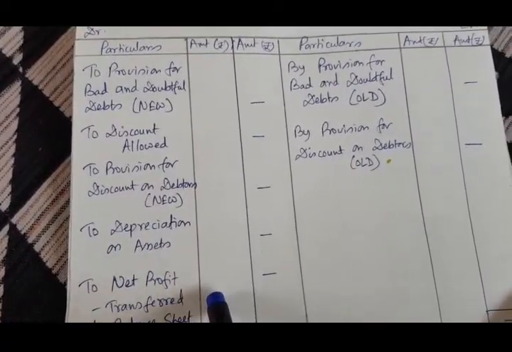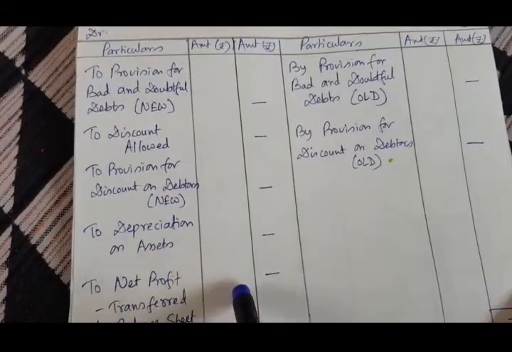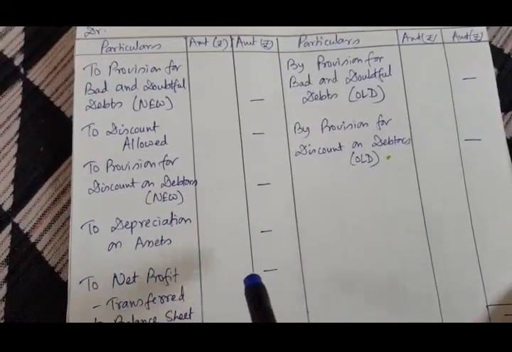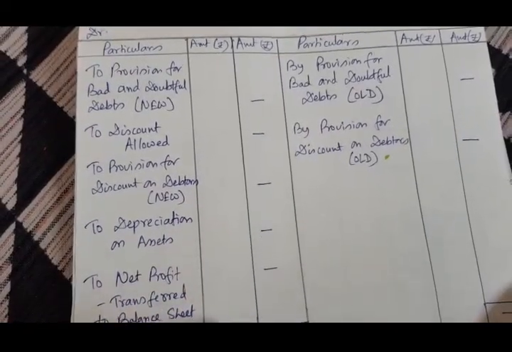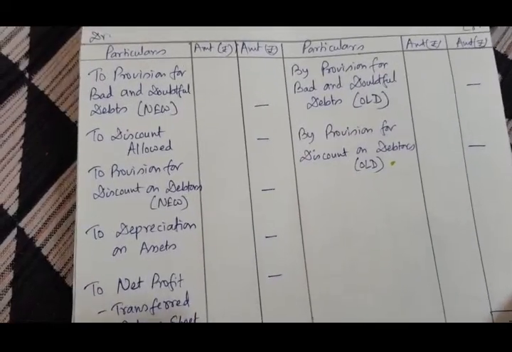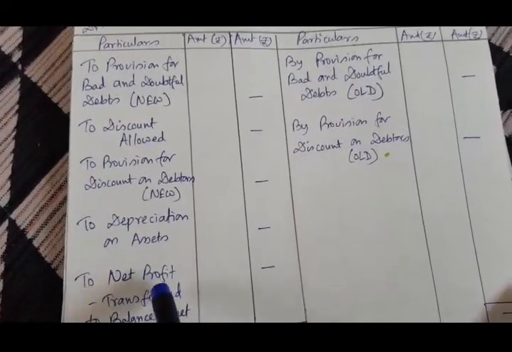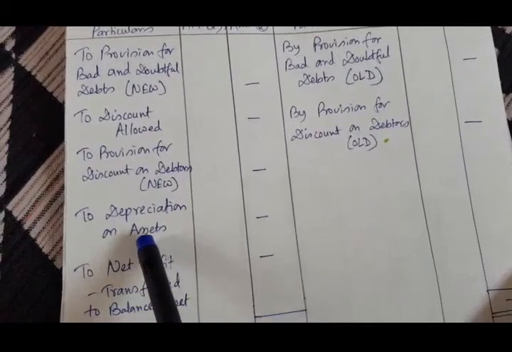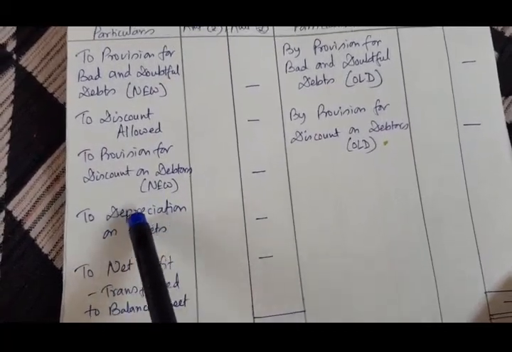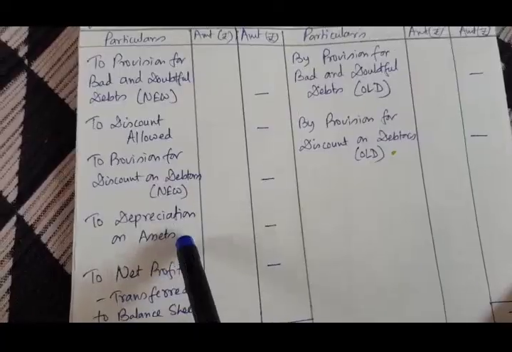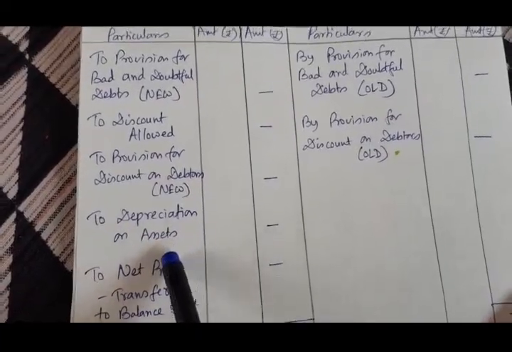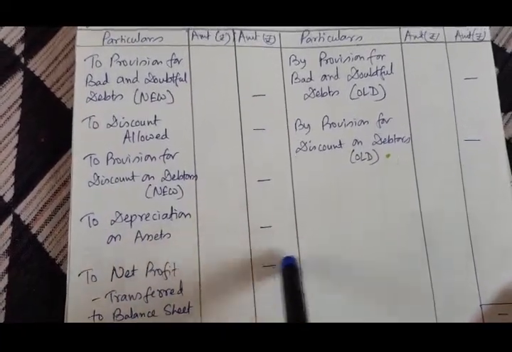Except land, building, machinery, plant, furniture, fixture and equipment are all subject to depreciation. The depreciation percentage will be given to you, and you have to charge it accordingly on your indirect expense side. So this is almost the important item.